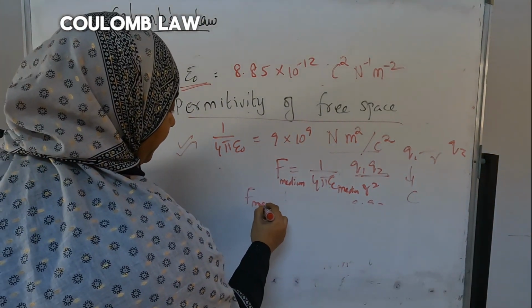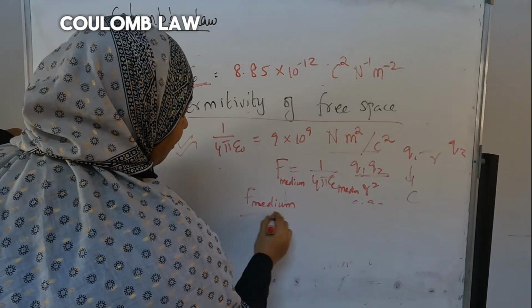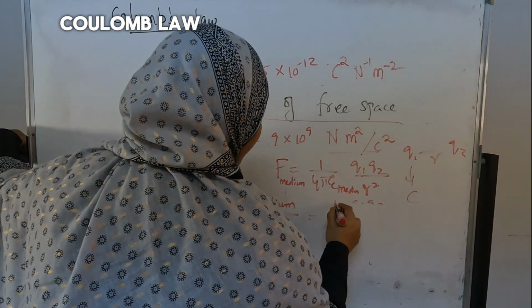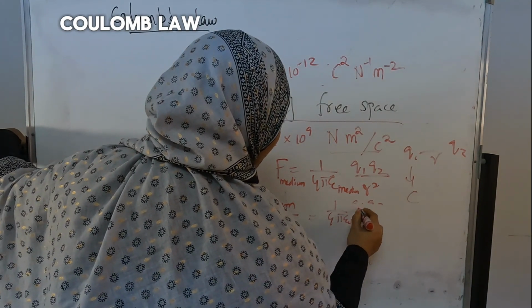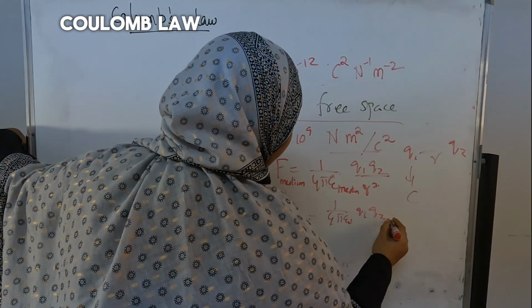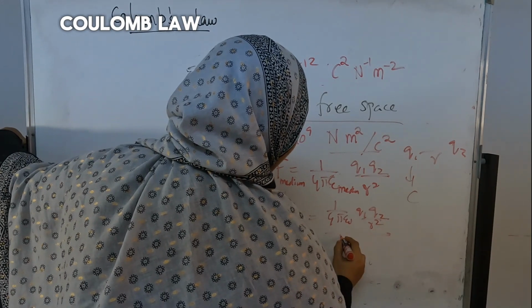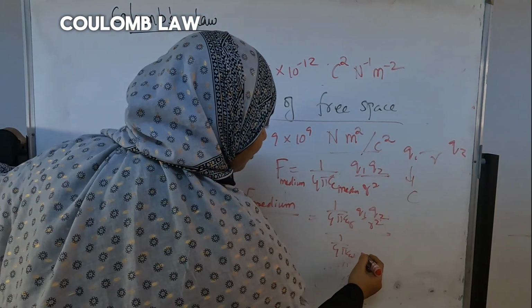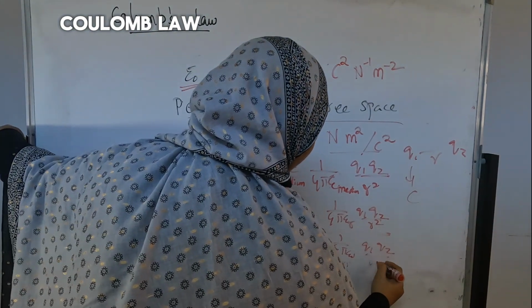We can check the ratio: F medium by F original formula, that is in free space. That is 1 by 4 pi epsilon naught Q1 Q2 by R square, by 1 by 4 pi epsilon naught Q1 Q2 by R square.